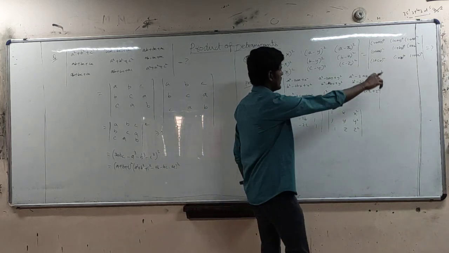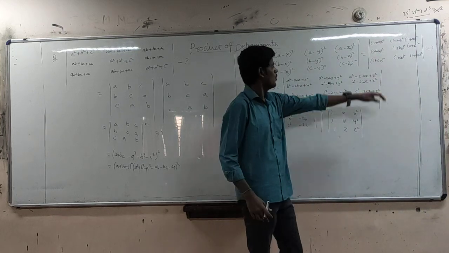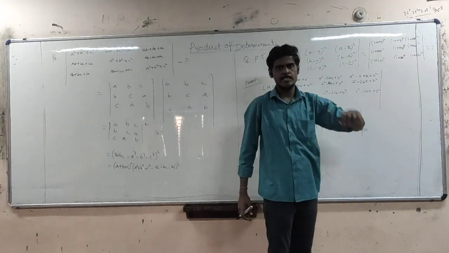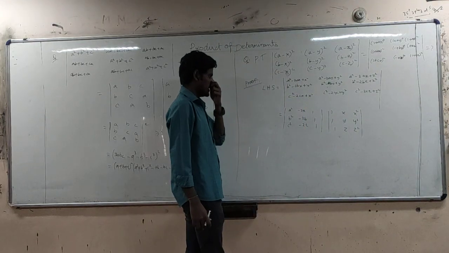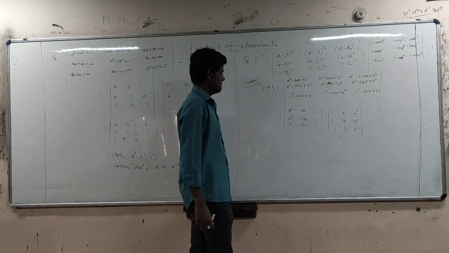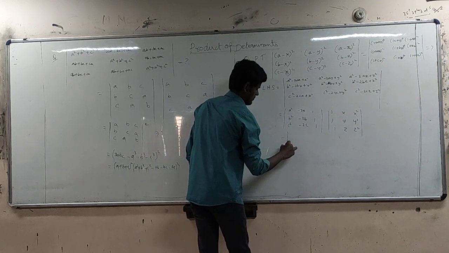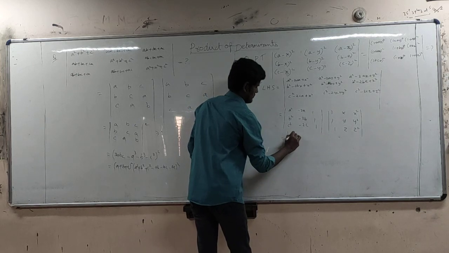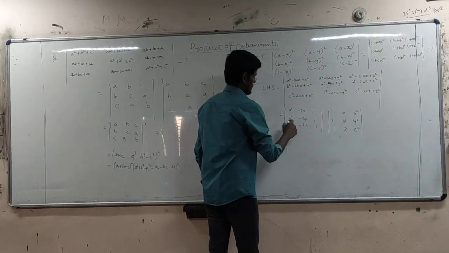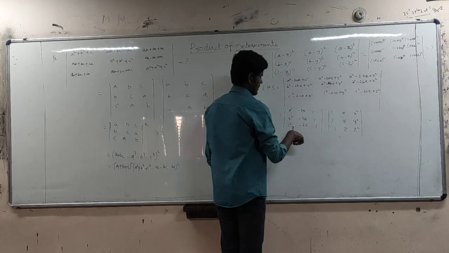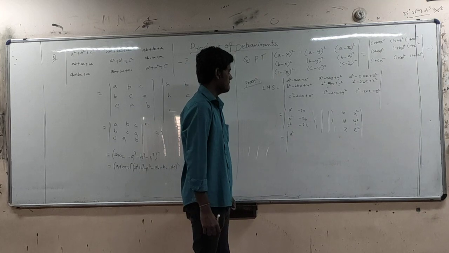Now observe here what is the value we need. a square into x square, 1, 2ax. So how to get that? We need a plus sign. So I am cancelling this minus and replacing.